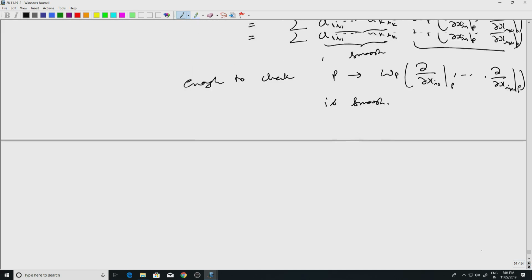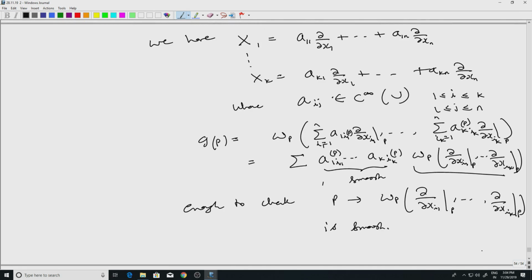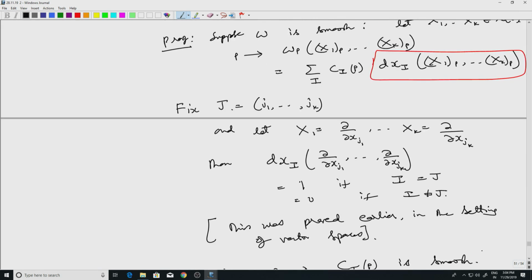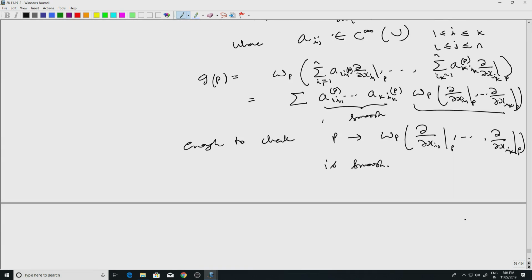Again, one is left with a similar thing. Just like in the previous calculation, you write omega p as the sum of Cj dxj at p, and the coefficient is also at p, so I won't write at p.